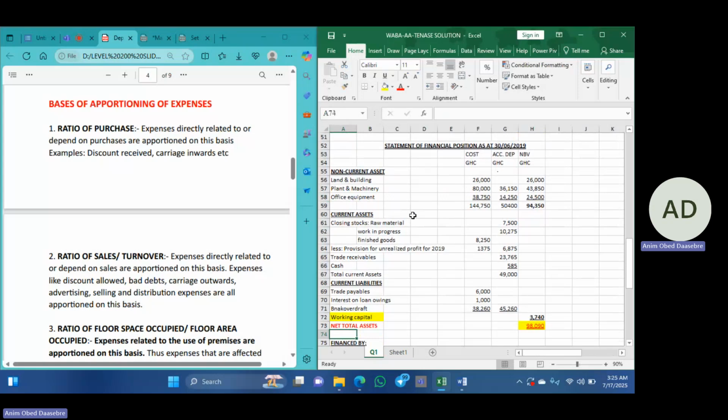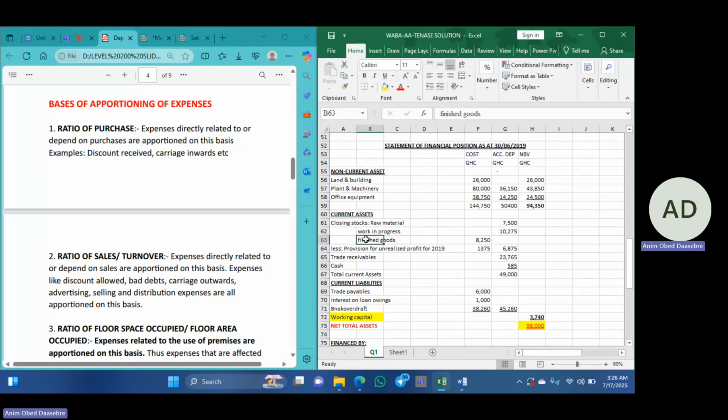Then you add everything and come to the current assets, where you find your closing stock of all the products. The closing stock will comprise the raw material closing stock, the work in progress closing stock, and the finished goods closing stock. All of these you are going to add.